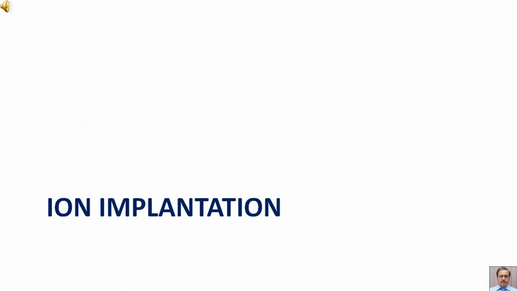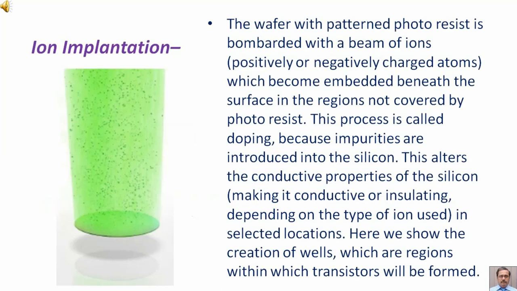Ion implantation. The wafer with patterned photoresist is bombarded with a beam of ions, which become embedded beneath the surface in the regions not covered by photoresist.